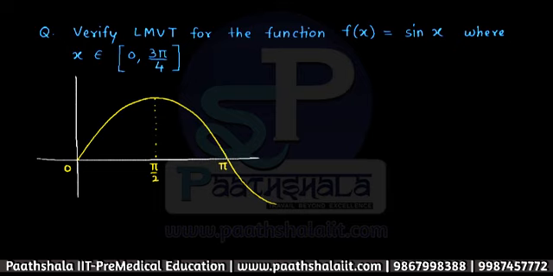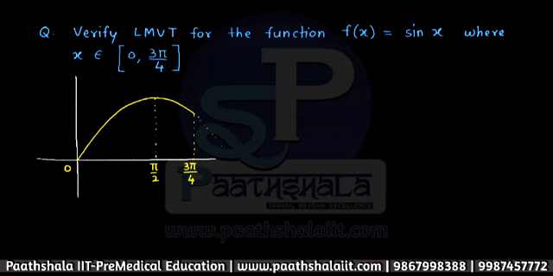Now we have to consider the interval from 0 to 3 pi by 4 only. That is midway between pi by 2 and pi, so that is where we have 3 pi by 4. Let us skip the remaining part. I may show it by dotted lines, but it's not required.